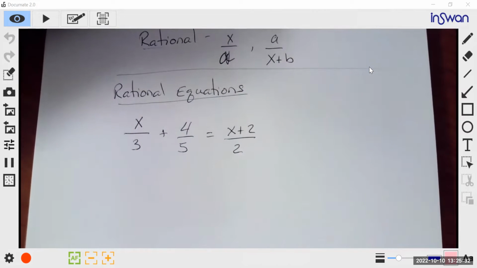Let's start with something easy first. The rules are always the same.